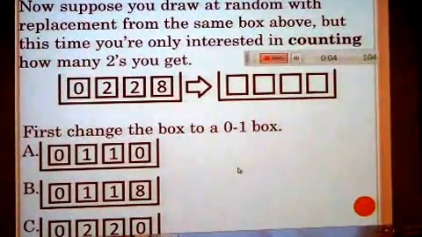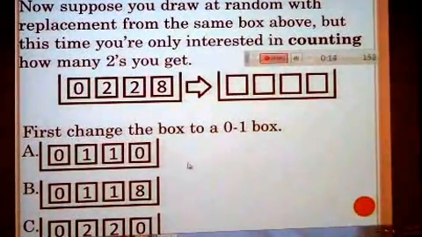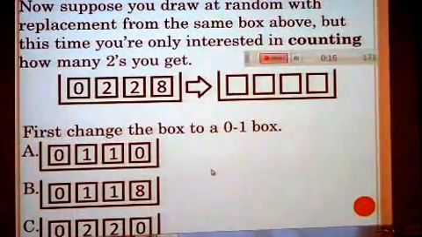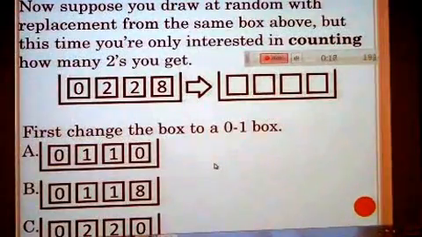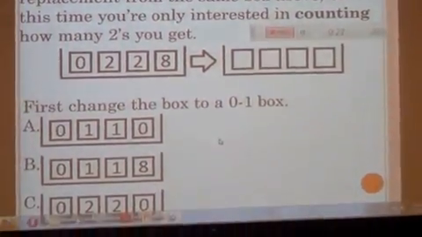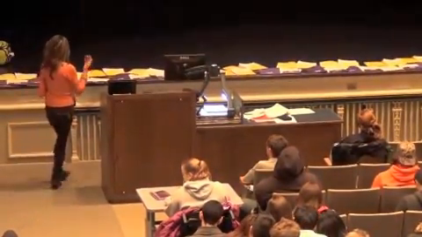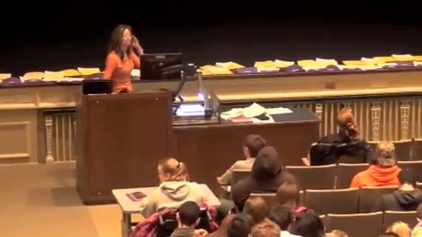You're only interested in counting 2s, so we're going to change this box. Which box is it? What do we count by? 1s and 0s, right? I got 1 this, I got 1 that, I got 1, 2. And if you don't get a 2, what do you count it as? It's pretty easy. All right, so which box is it?